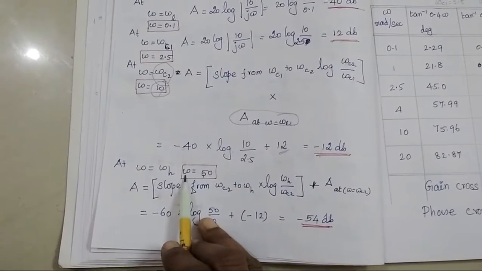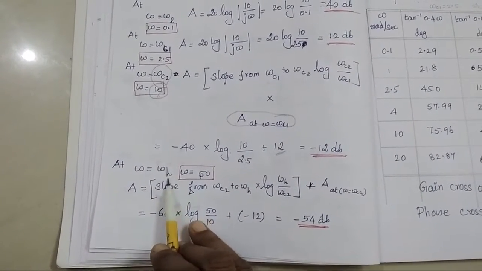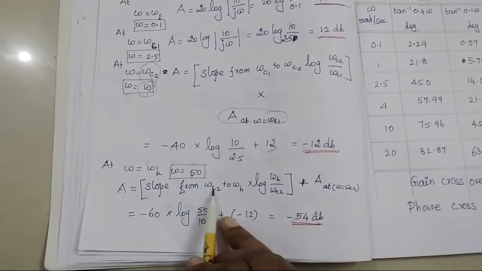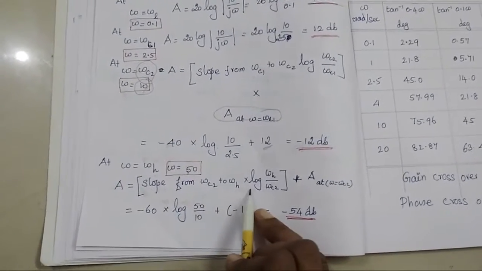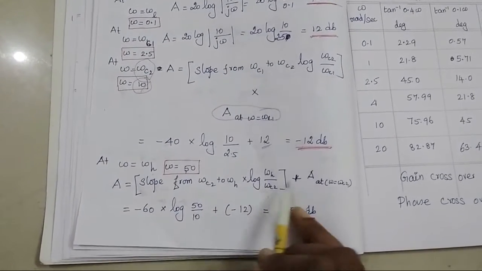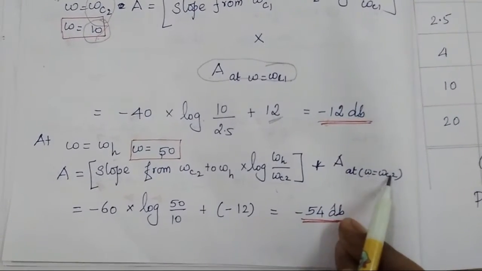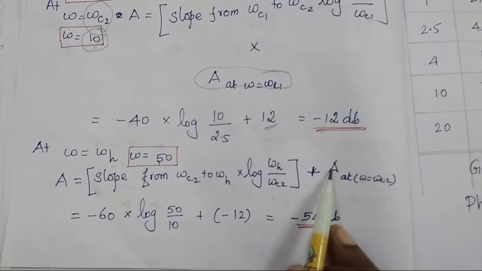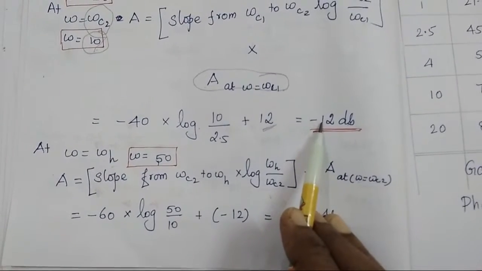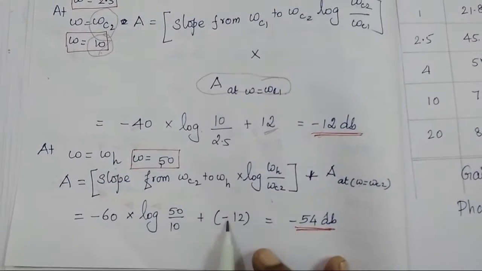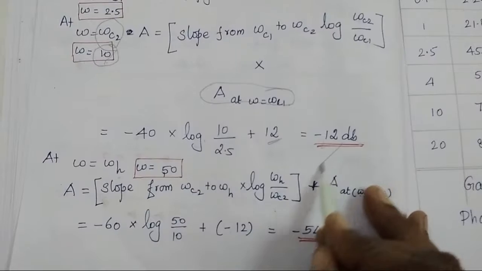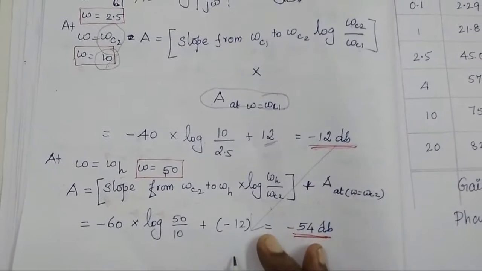Accordingly, for omega equal to omega H, which means 50, the slope from omega C to omega H into omega H by omega C2, plus A at omega equal to omega C2. So this is what we found in the last step, that is minus 12 dB.